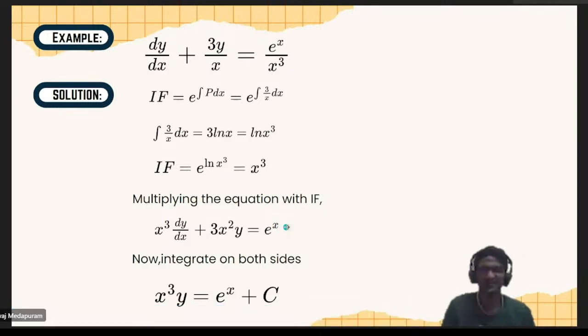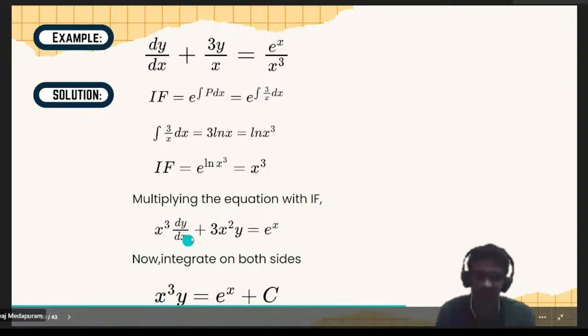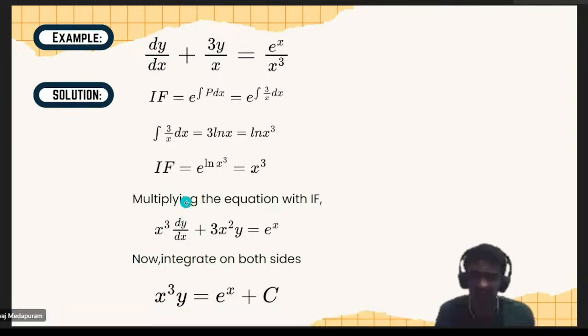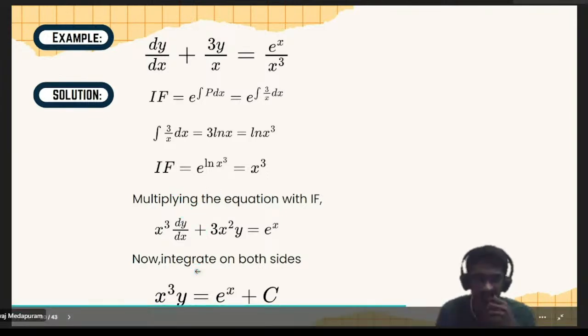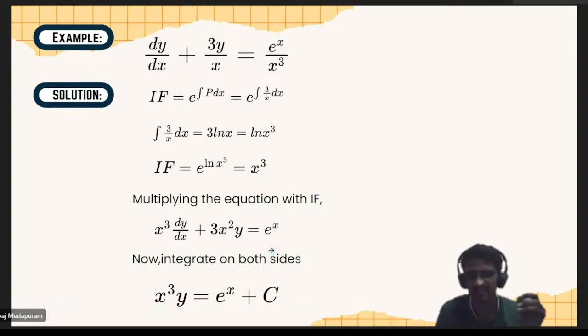I also want to mention that sometimes it's obvious to see that this is the differential of some function. Here it is x cubed y, like d of x cubed times y. You can sometimes spot it by eye, with no need to go step by step using the technique of exact differentials again.